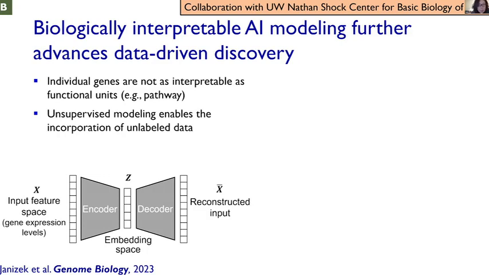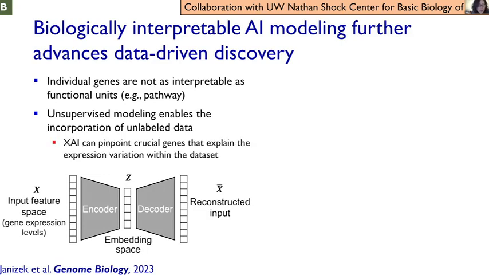That's how an unsupervised deep neural network works. And then, in the explainable AI in that context, what it means is that you can identify genes that explain the expression variation across the samples within the data set.